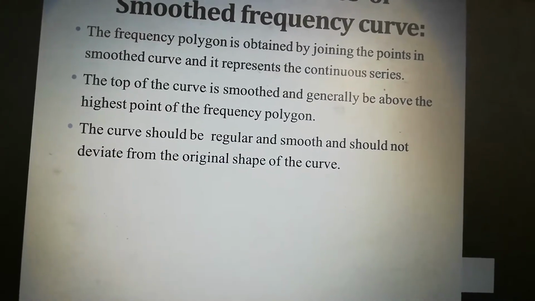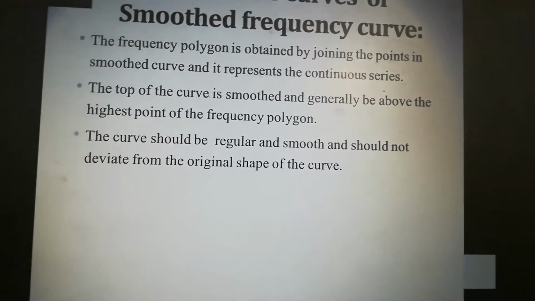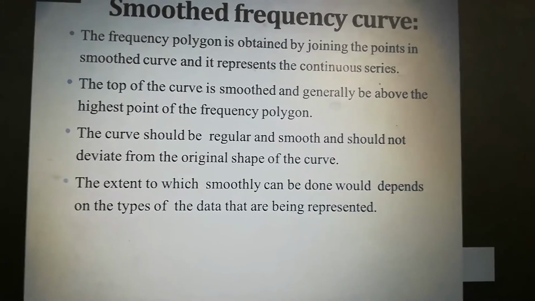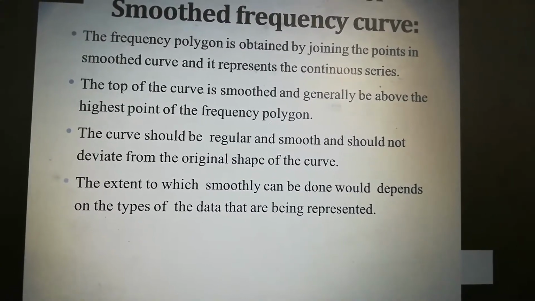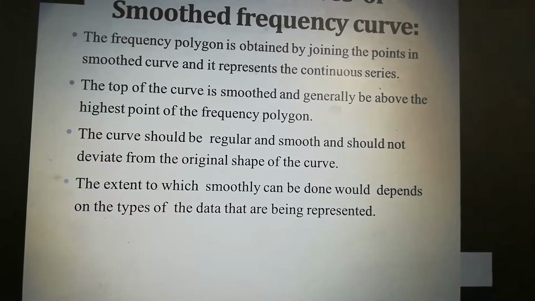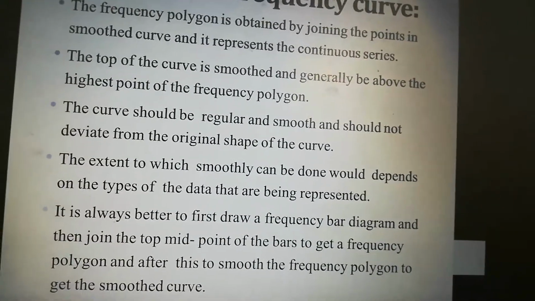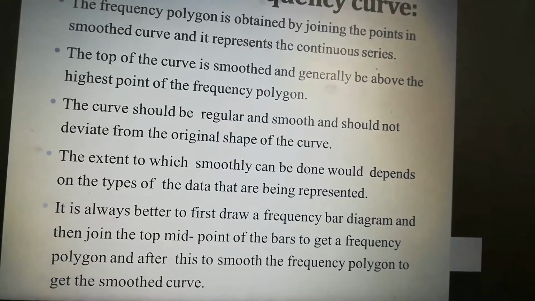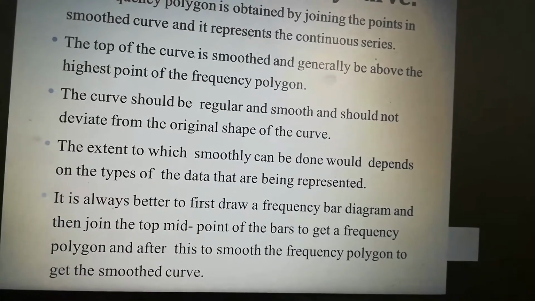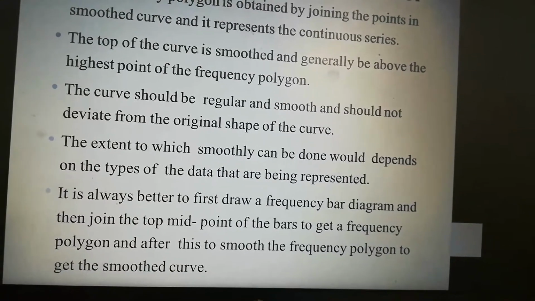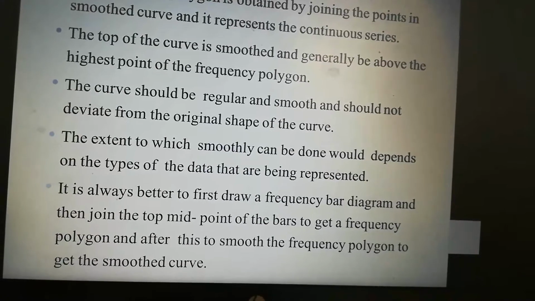The curve will be regular and smooth and should not deviate from the original shape. The extent to which smoothing can be done depends on the type of data. It's always better to first draw a frequency bar diagram, then join the midpoints of the bars to get a frequency polygon, and after this smooth the frequency polygon to get the smooth curve.